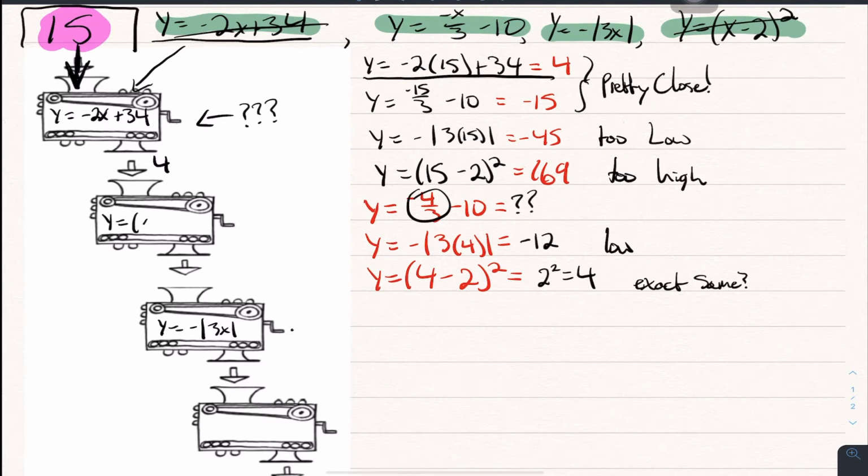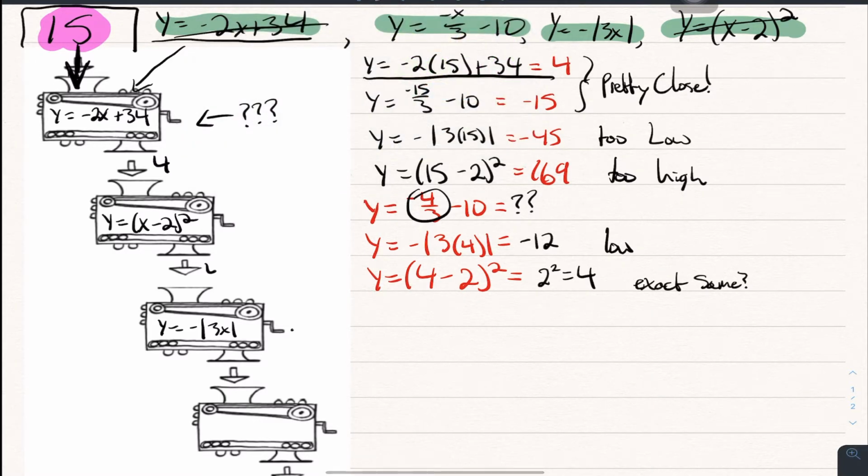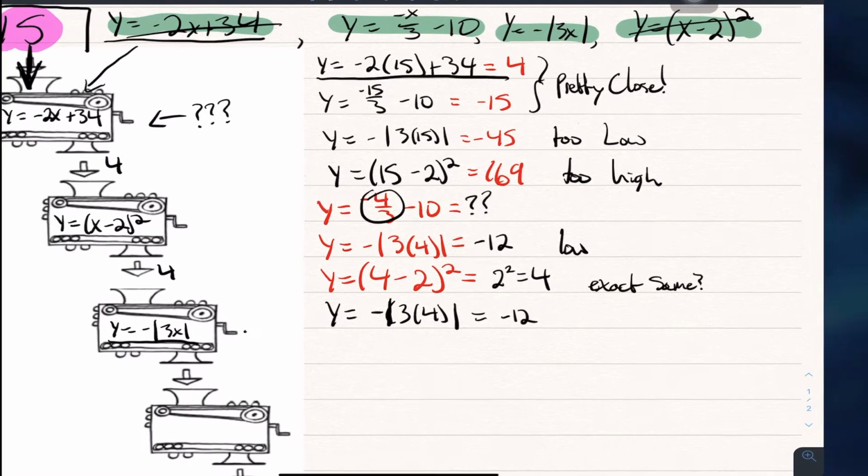So I'm going to go ahead and keep that, and I'm going to get y equals (x minus 2) squared as our second function. Now, taking a look, I've got an output of 4, which is going to be our input for that third function. And that third function, I've already filled it in there for you, is y equals negative absolute value of 3x. But off to the right, when we plug it in, we do negative absolute value of 3 times 4, go ahead and fix that right quick, and we are going to get y equals -12.